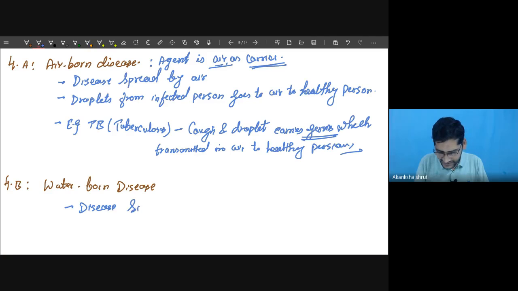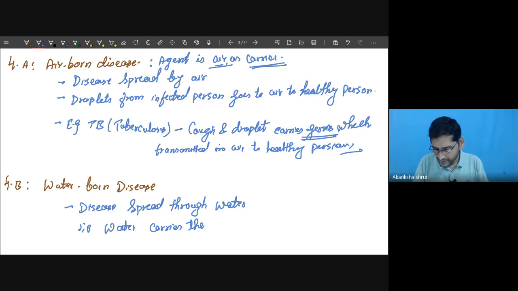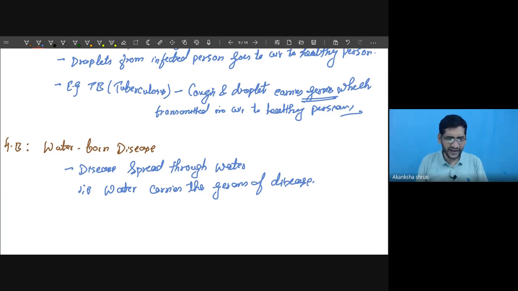Good, that is spread through water. That is, water carries the germs of disease. So if the healthy person is taking that water, they will also fall ill.